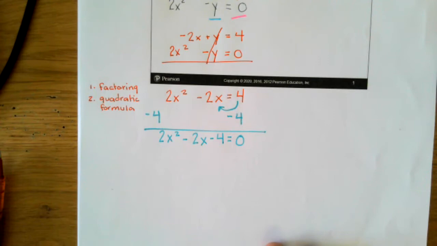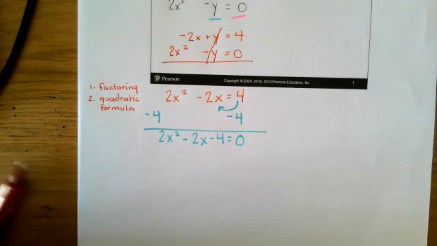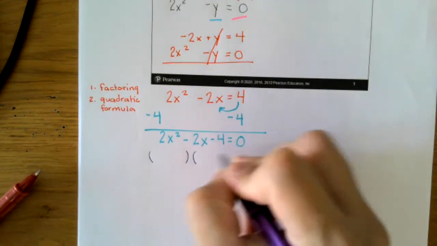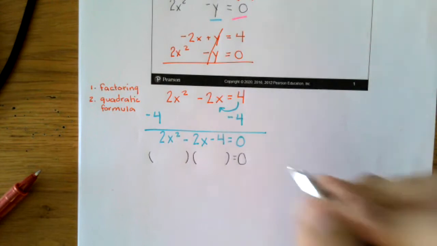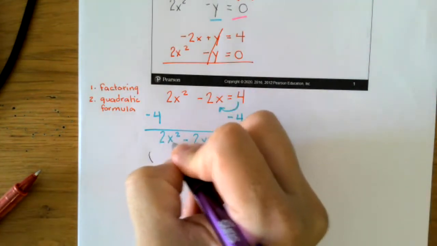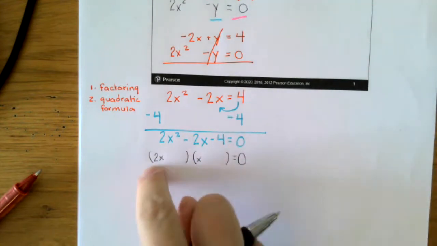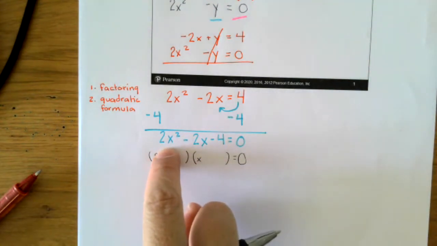Is this factorable? It looks like it might be factorable, right? So it's still set equal to 0. 2x squared will become a 2x and an x, right? 2x times x gives you 2x squared.